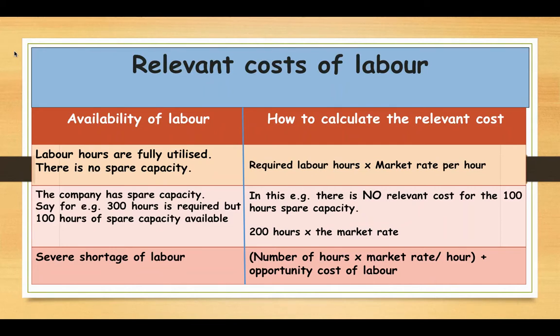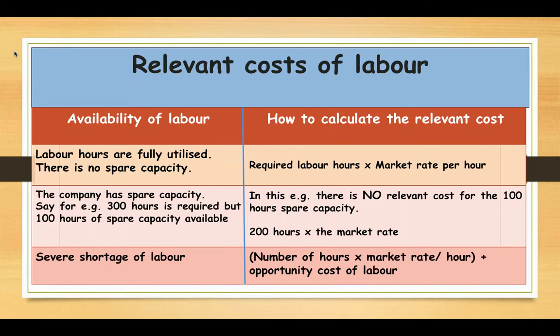So the relevant cost of labor will be the required labor hours times the market rate per hour, because they have to hire the labor from the market. So they got to pay at the market rate. So this is our first situation. That means there is no spare capacity.